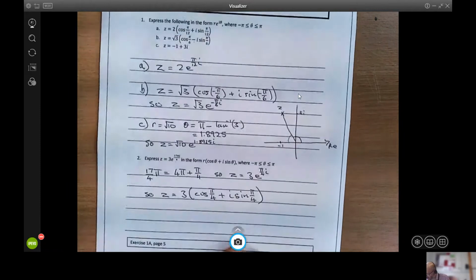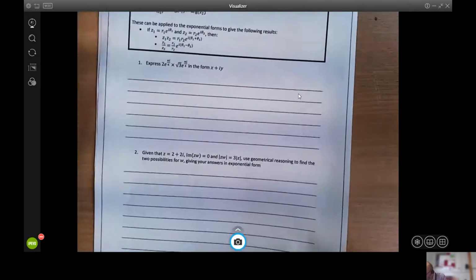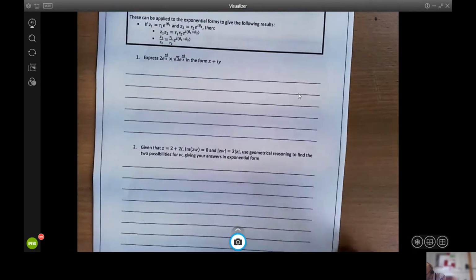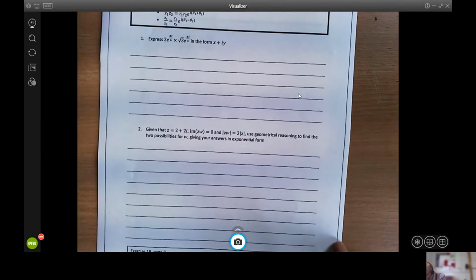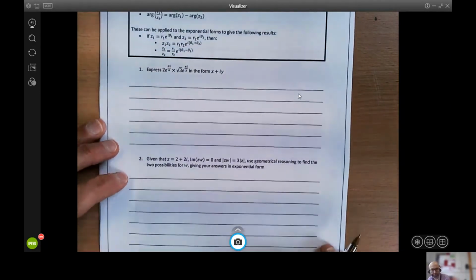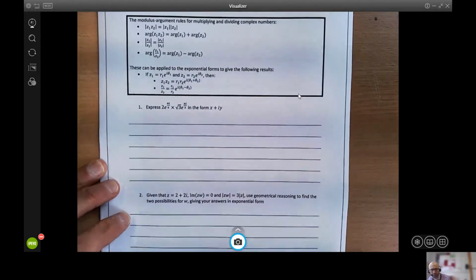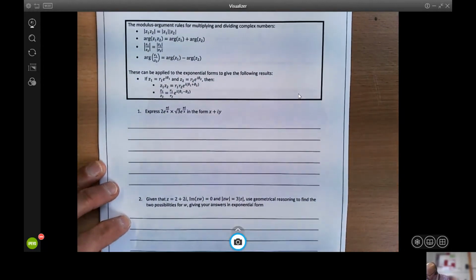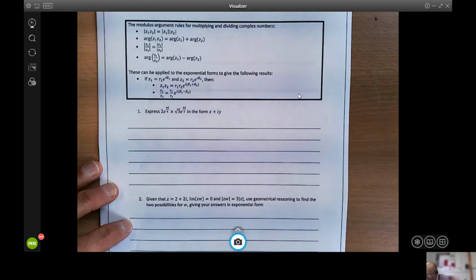Okay, so let's go on to see why this modulus argument form is useful to us. It really just follows on from what we found out in year 1 about the rules for multiplying and dividing complex numbers when we have them in modulus and argument form.